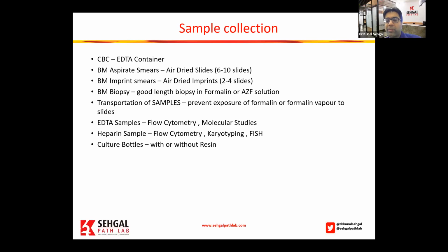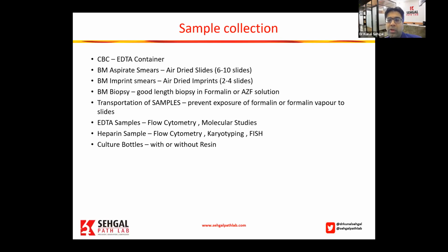As long as they are kept in separate containers, separate bags, it is okay. If you keep them in the same bag, the formalin vapor is enough to fix the slides, and these slides will never stain. So what we recommend is collecting the biopsy in a vacutainer or a normal red color plain tube, and that is double sealed, one with the cap and one with the tape around it, so that there's no chance of exposure of formalin or formalin vapor for the samples.